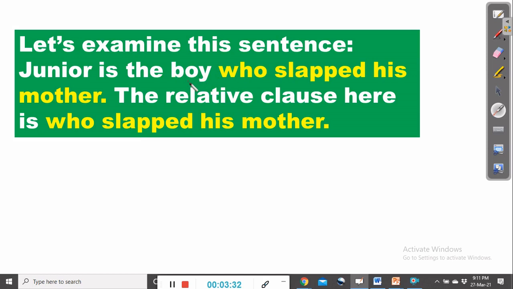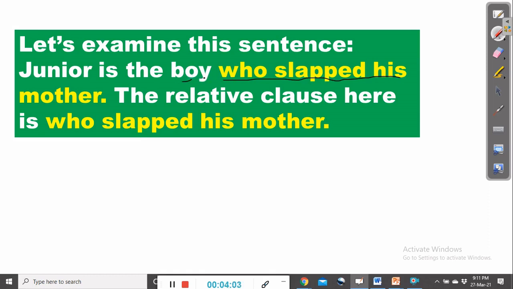And so boy here is a noun, and it is the antecedent of this relative clause. All right? An antecedent is something that comes before something else. So now, whenever we find a relative clause in a sentence, the relative clause is attached to the antecedent.